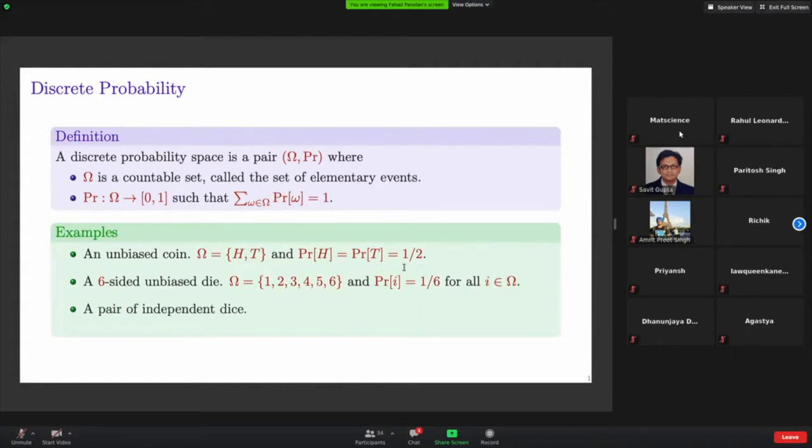Now here is another one. You just throw a pair of independent dice. So you throw 2 dice. Then how will you define the probability space? Anyone want to say?